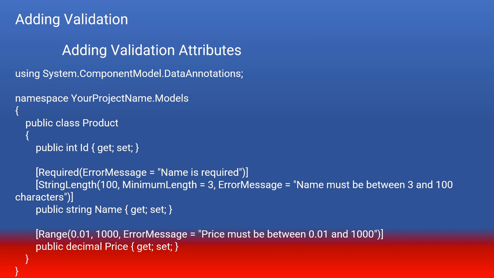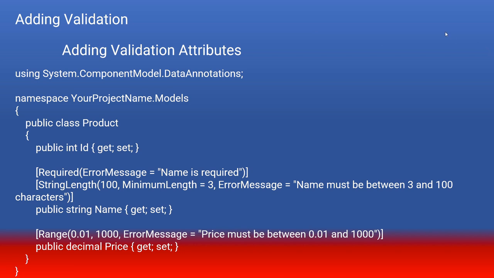To ensure that the data in our model is valid, we can add validation attributes to the model properties. Validation attributes allow us to specify the rules that the data must adhere to. For example, we can add the Required attribute to the Name property to ensure that the name is not empty.